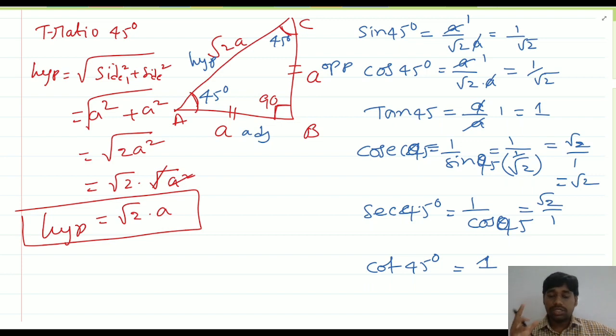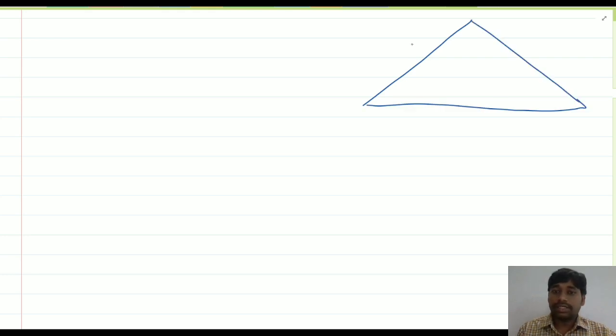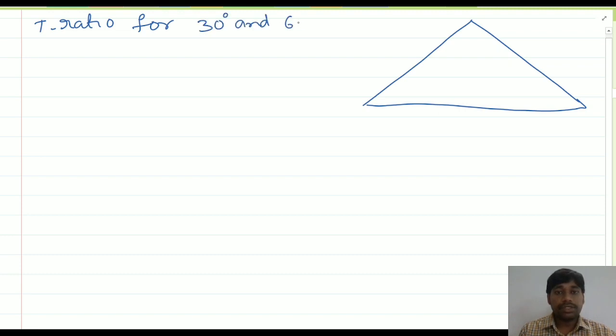Okay, my dear students, up to here you should be clear. Next, we will go to the other trigonometric ratio angles, that is nothing but 30 and 60 degrees. Let us take an equilateral triangle with 2A as a side, to find the T ratios for 30 degrees and 60 degrees.